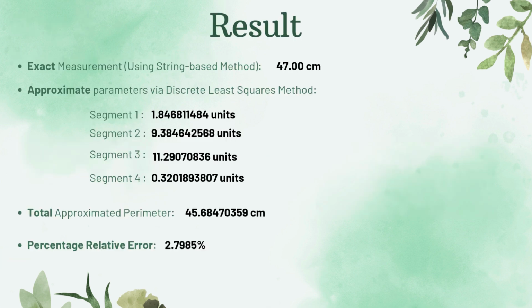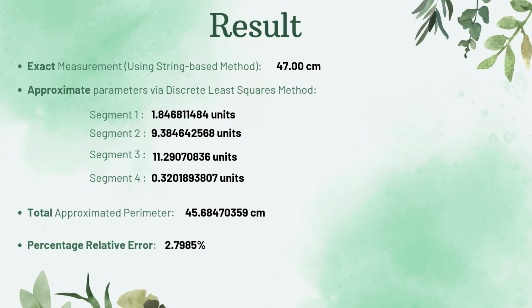For the result, the exact measurement with the string-based method is 47 cm. For the approximate perimeter, we used the discrete method. For segment 1, we get 1.84681148 units. For segment 2, we get 9.38464258 units. For segment 3, we get 11.290708 units.